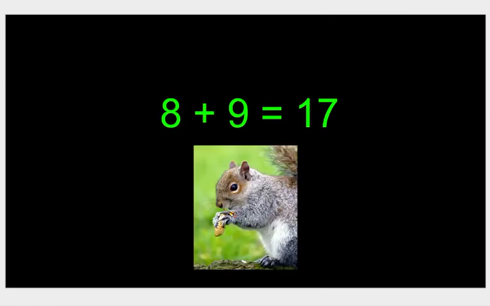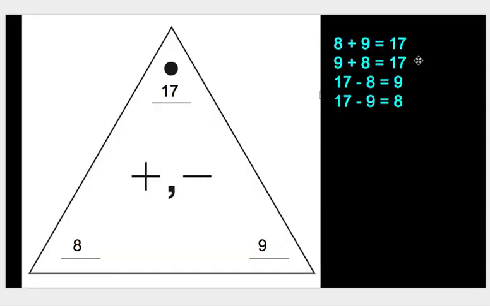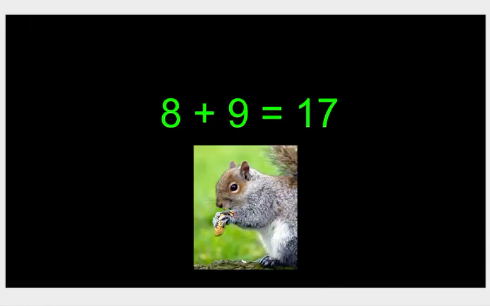Now, I want to talk about something really quick. Do you know why it's possible to write 2 addition facts using the same numbers? For example, you saw before that 8 plus 9 and 9 plus 8 would both equal 17. We have our little Mr. Nutty along here to help us out with this.